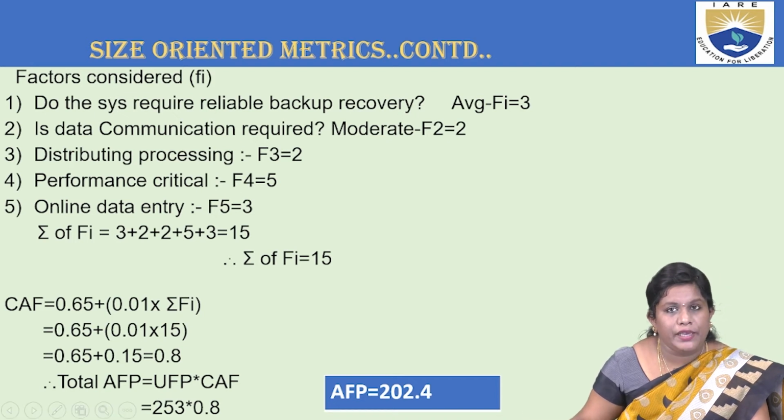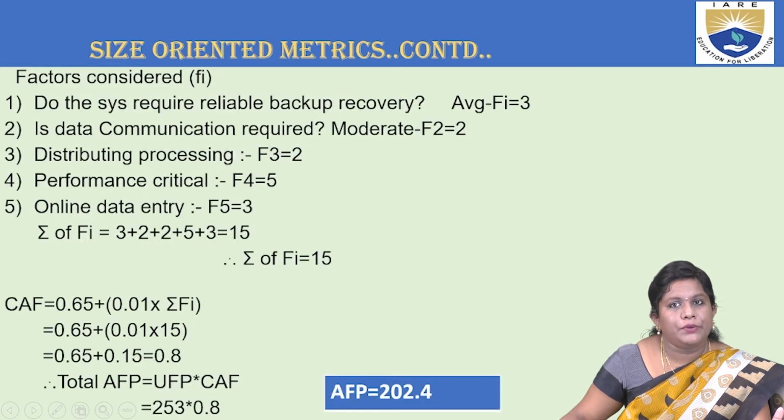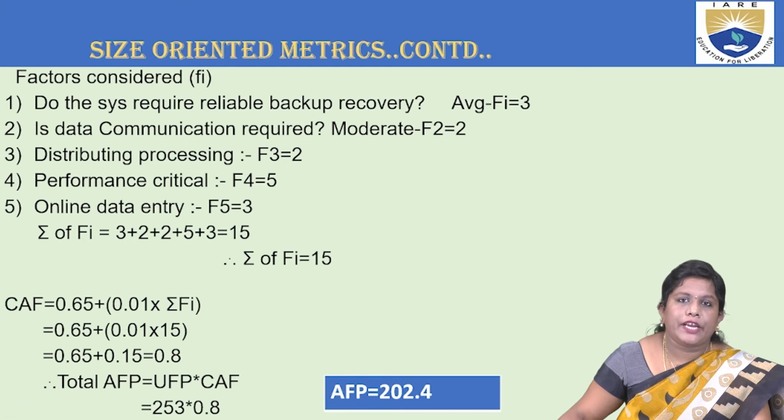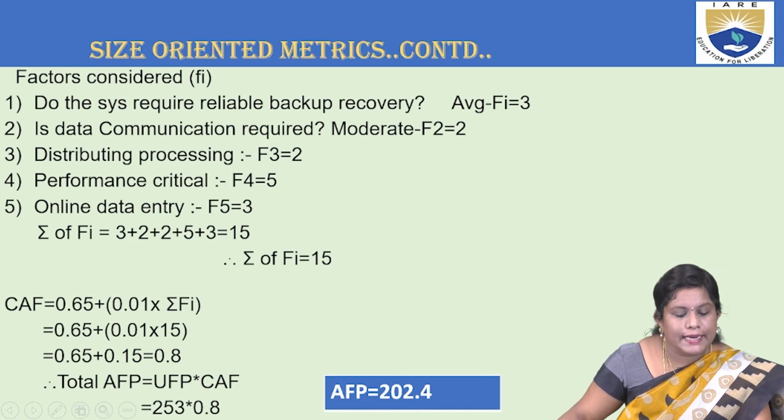Then you have set 3, which is average again. Next, I write performance critical area. F4 is nothing but 5. And like that, I also state my online data entry. Yes, I require 3, I have said.